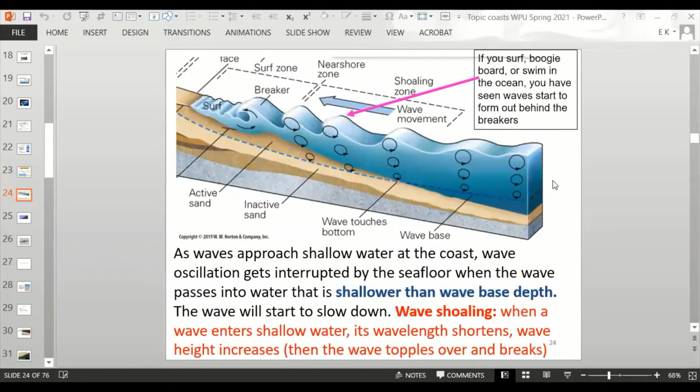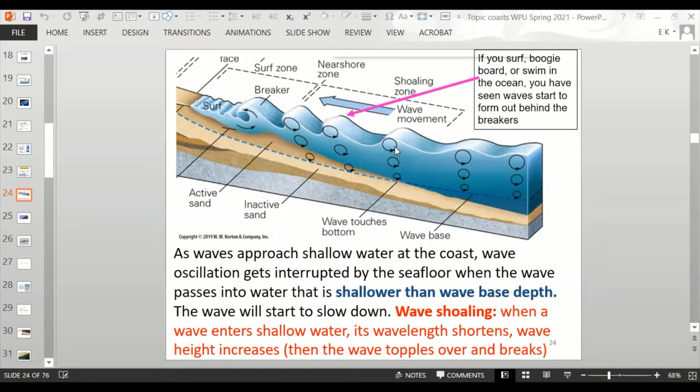So up until now, we've only been talking about deep ocean water behind where the waves break. Now we're going to look at what happens to waves as you approach the shallow water at the coast. So here's deep water, deep water. Now this wave is starting to approach the shallow water.